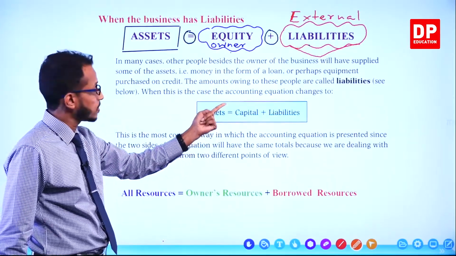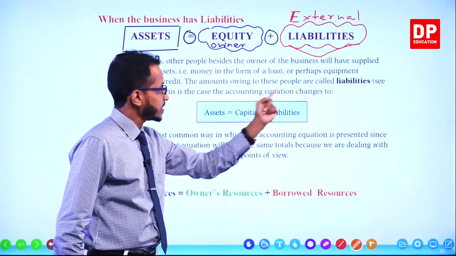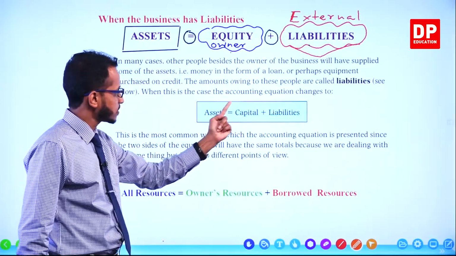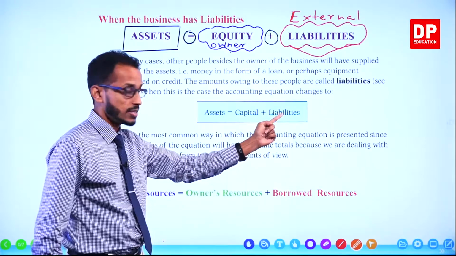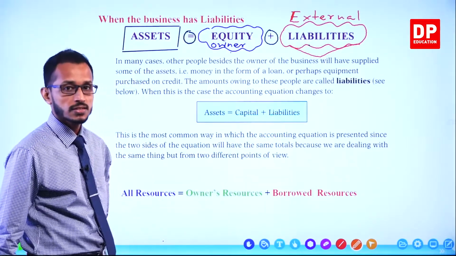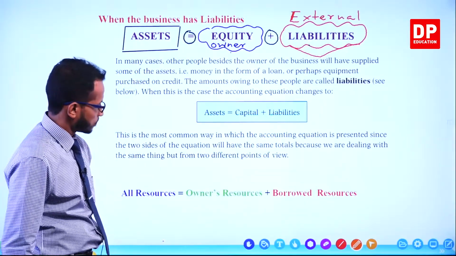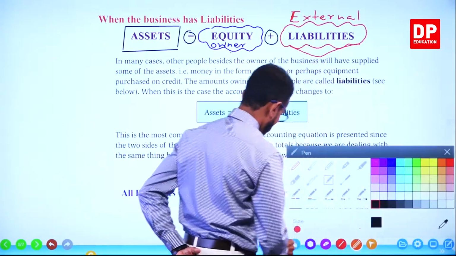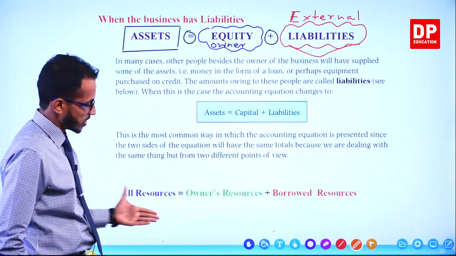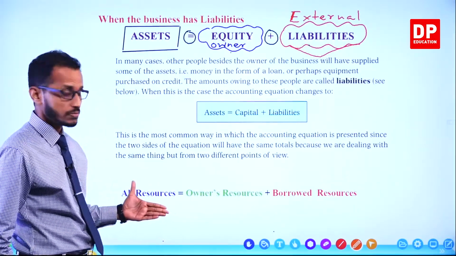Same thing, children. In this case, the equation should be shown as assets equals capital plus liabilities. So, it is shown again in this manner. Let's check it out. It's the same thing.